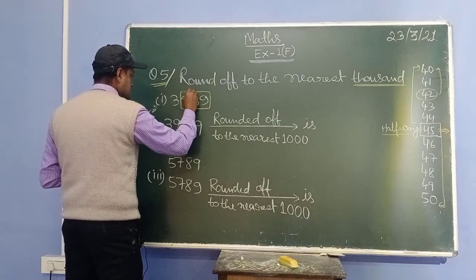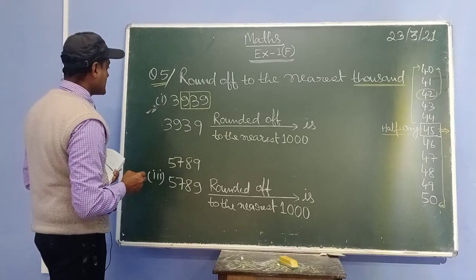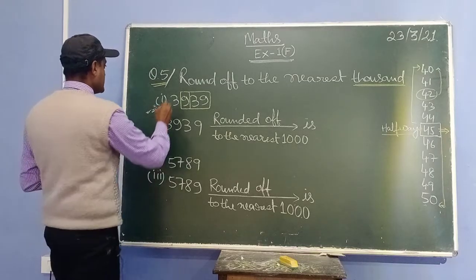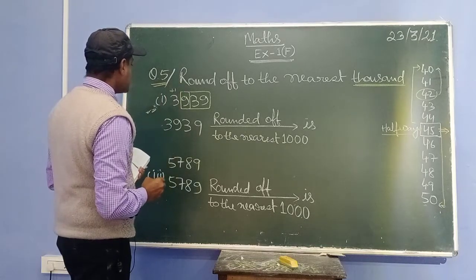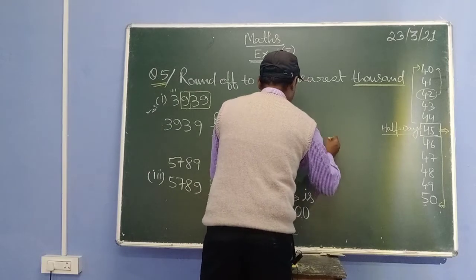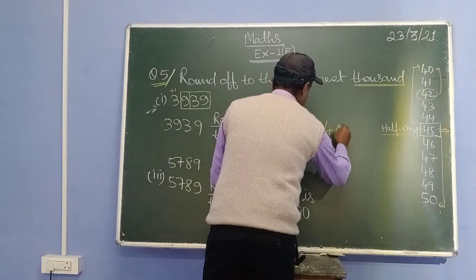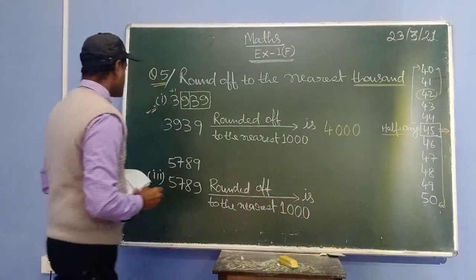The third digit is 9, and 9 is more than 5. Yes, the condition is right. So you will add 1 to this 3. So 3939 rounded off to the nearest 1000 is 4000.